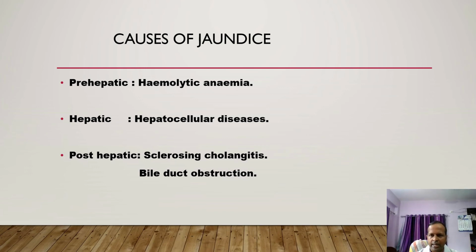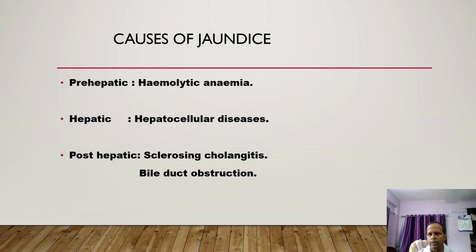In the hepatic category, there is a pathology in the hepatocellular area. The hepatocellular pathology points towards the hepatic causes of jaundice, which in older children or adults may be mainly due to cirrhosis of liver or any infection. And in post-hepatic, the causes are sclerosing cholangitis or bile duct obstruction, or in surgery they say stones in bile duct or CBD.